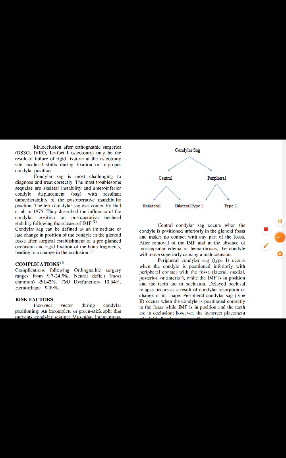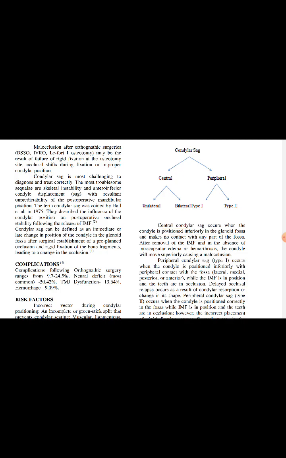So let us look at the types of condylar sag. Central condylar sag occurs when the condyle is positioned inferiorly in the glenoid fossa and makes no contact with any part of the fossa. After removal of the intermaxillary fixation in the absence of intracapsular edema or hemarthrosis, the condyle will move superiorly, causing a malocclusion.